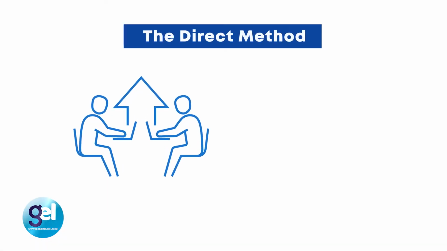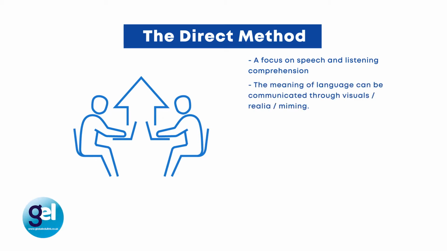Let's look at the direct method in a bit more detail. There was a focus on spoken language and listening comprehension. You will find many students want to focus on these two particular skills. It was thought the meaning of language can be communicated through pictures, realia, and miming.